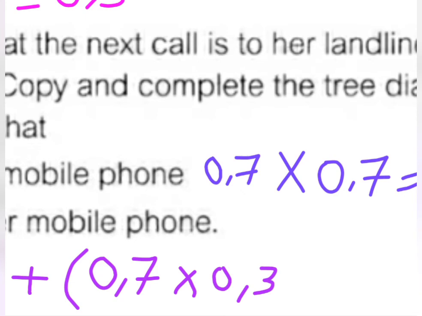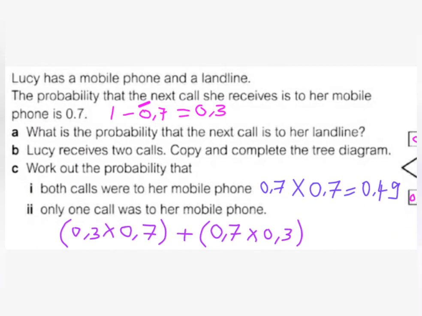So the idea here is one of the events is a mobile phone call, and this is the question. He wants only 1 call to her mobile phone, so one of the events should be a mobile phone and the other one should be a landline. We multiply them and then we add them together.